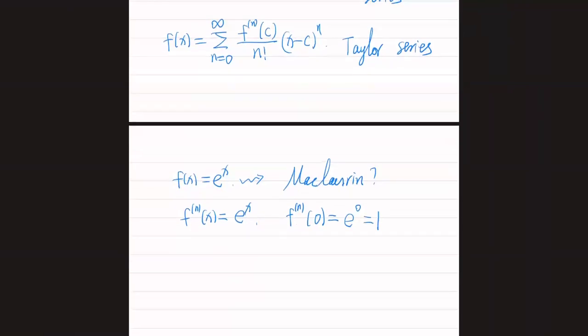So e to the x, the Maclaurin series. Nth derivative at 0, over n factorial. I copy the formula, then I plug in. All the derivatives at 0 are 1.